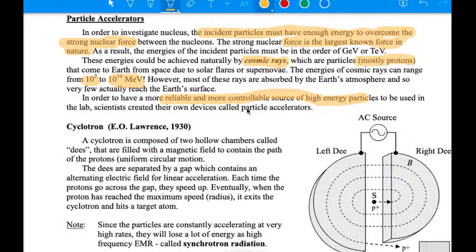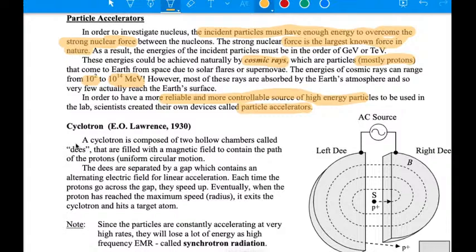Particle accelerators are essentially created to tear apart the nucleus, investigate the nucleus, and do science on our particles in lieu of these high energy cosmic rays, which don't occur as often, and we can't just command them at our will like we can command these particle accelerators.